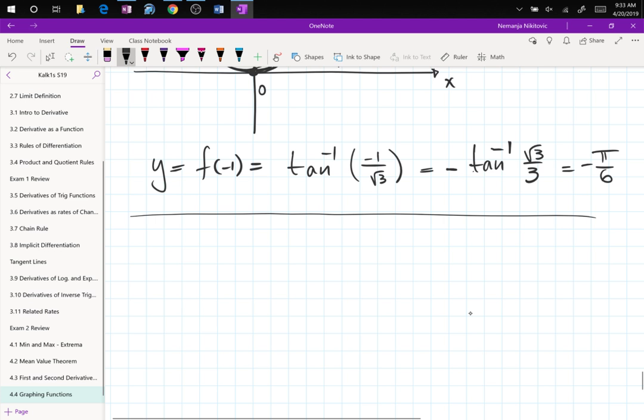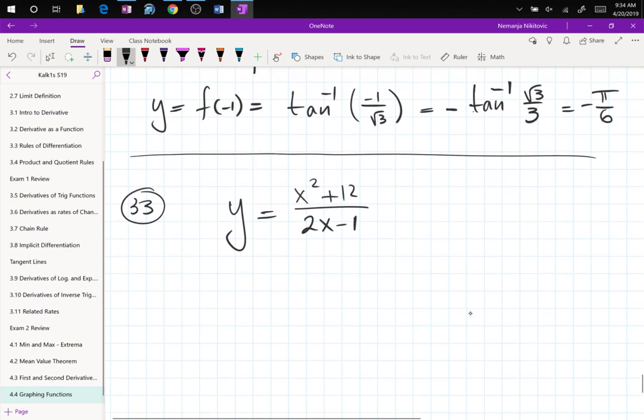Okay, so problem 33, let's say. Problem 33 has x squared plus 12 divided by 2x plus 1. So this is the situation where you have what we call a rational function, when you divide a polynomial by another polynomial. All right, domain. Number one, domain.